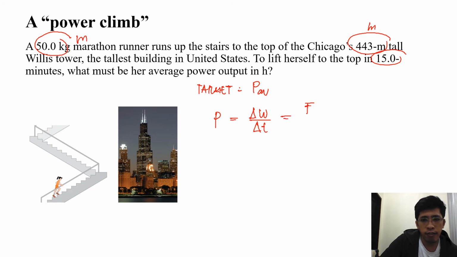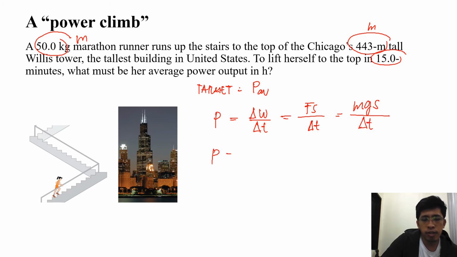Your work is equal to Fs. So here you have your delta t. Your F is equal to your mass times your acceleration due to gravity, times your displacement s, over your time delta t.